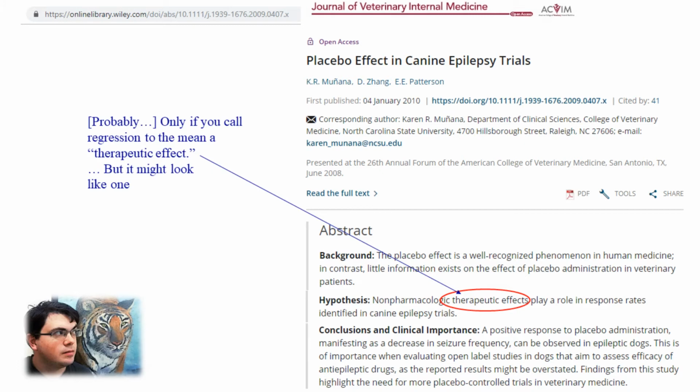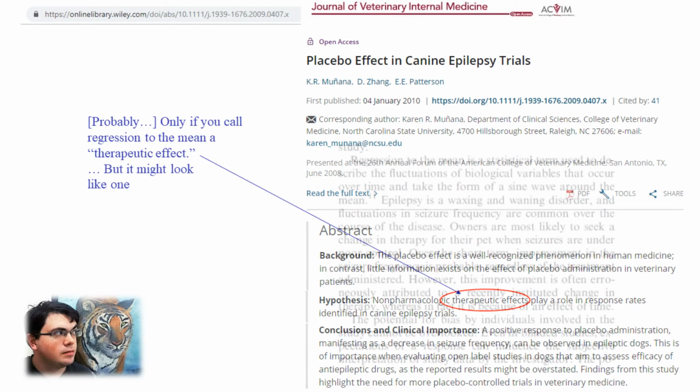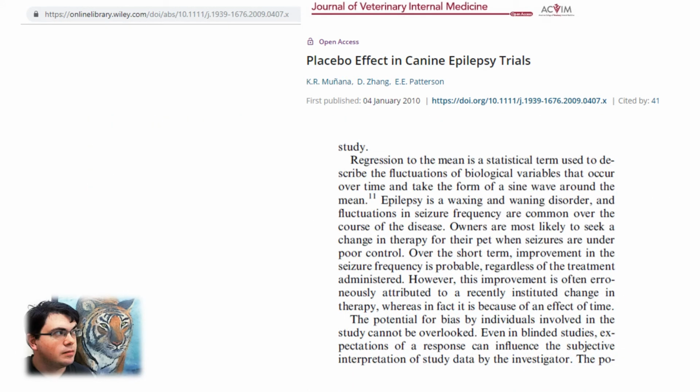Actually, this paper does include a paragraph on how this so-called placebo effect might occur by regression to the mean. This is an unusually sensible paragraph compared to the rest of the paper, and it looks to me like it was a reviewer comment that was pasted in, because it contradicts much of the rest of the tone of the paper, which talks about a therapeutic effect of the placebo treatment in dogs.